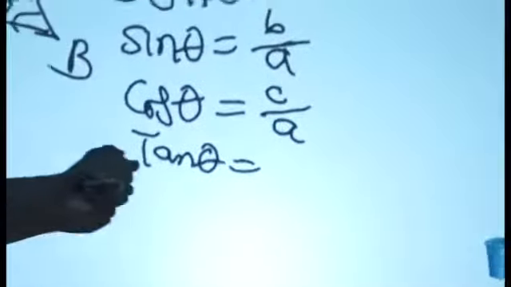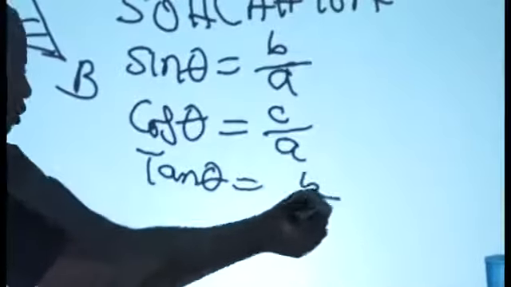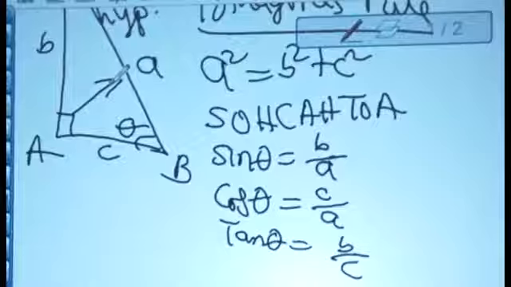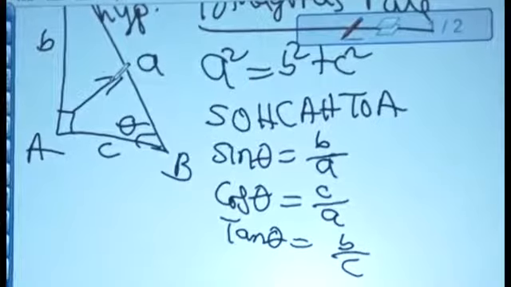So we now have B all over C. And when you are talking about opposite here, I have defined the hypotenuse. That is the side facing angle 90 degrees. For you to determine the opposite in a right angle triangle, the position of the angle will tell you where the opposite is.